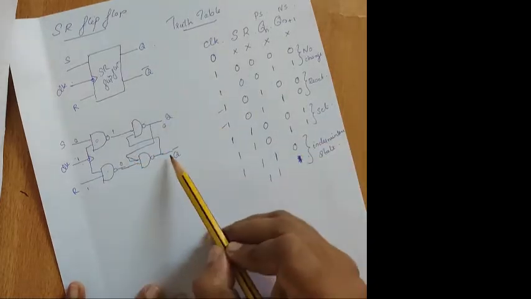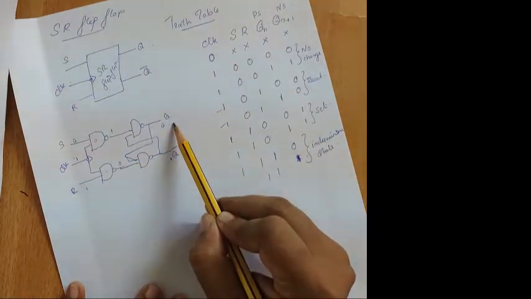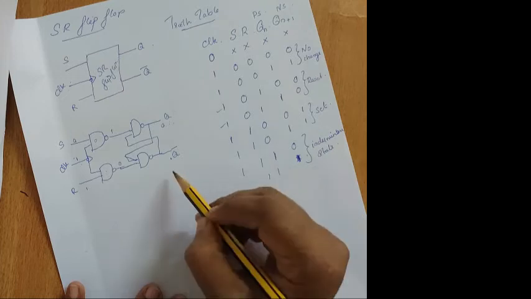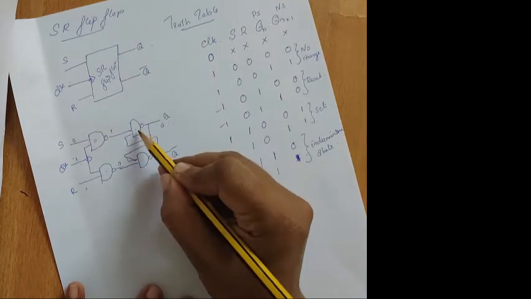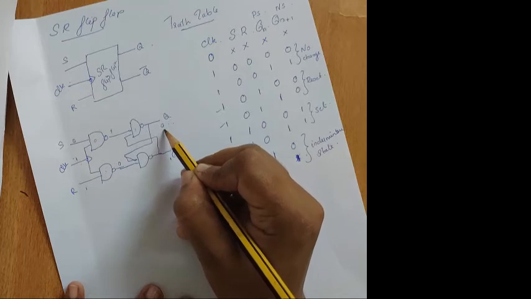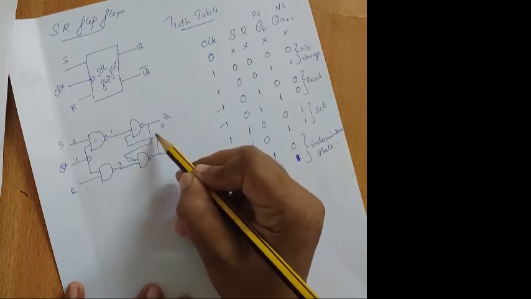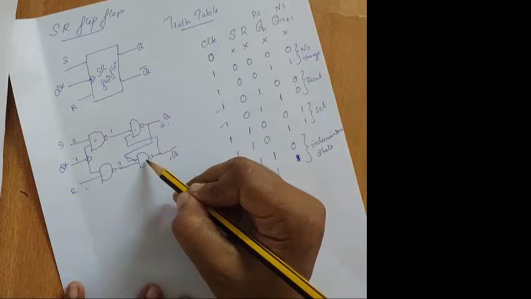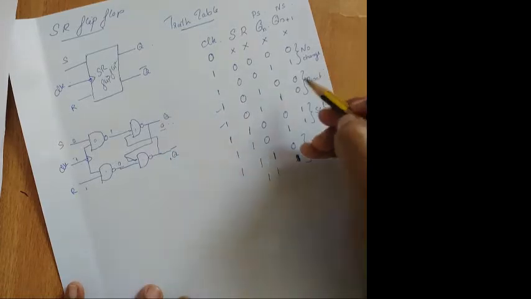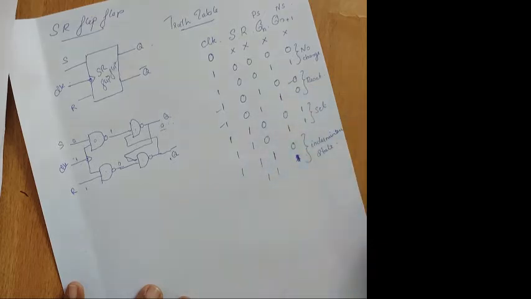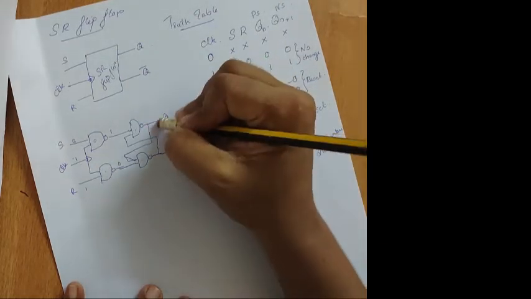Okay. So what happens? First you have to find the Q state, present state. 1 is over here. 1, 1 will be 1, output will change to 0. Again, you are giving this 0 over here, 0, 0 will be 0, opposite will be 1. So the present state is 0. Now I am changing this to 1.